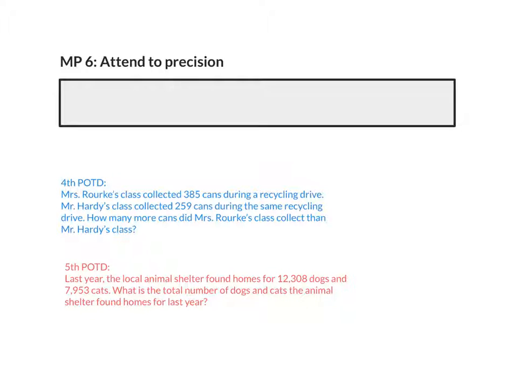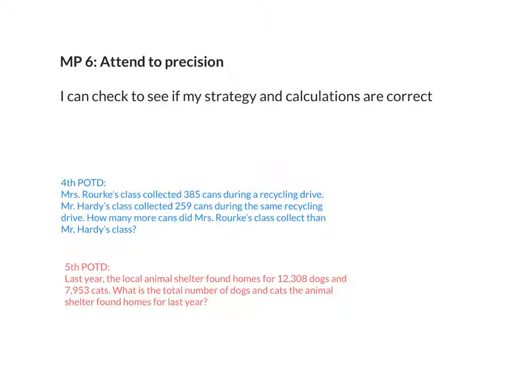This one is super important. It says I can attend to precision. It doesn't mean I can show up at a class called precision. No, it means I am careful and I can check to see if my strategy and calculations are correct. This one is huge. A lot of times, 12,308 plus 7,953, we make careless mistakes.